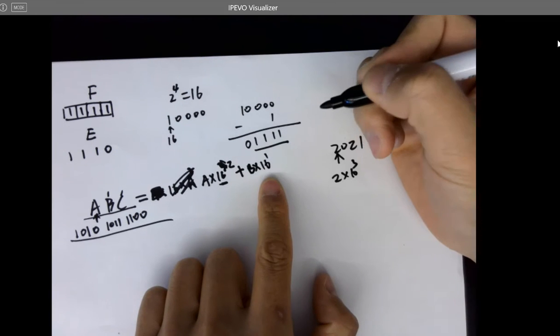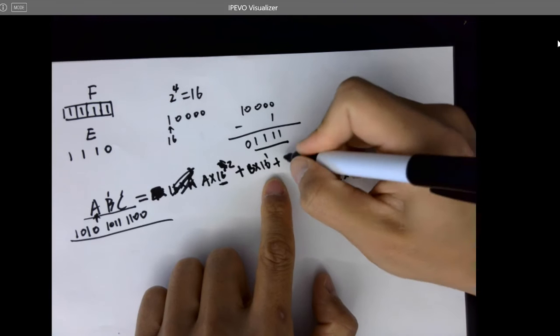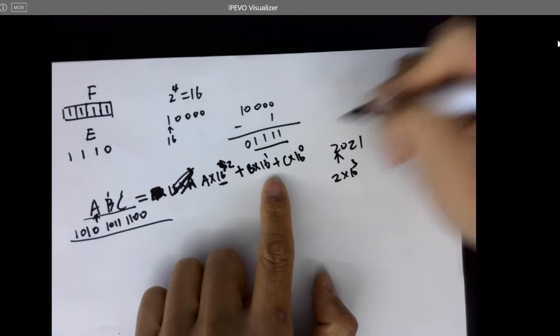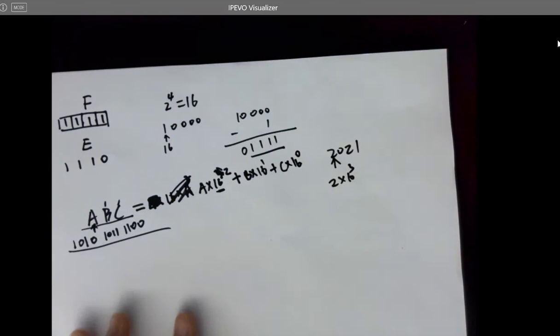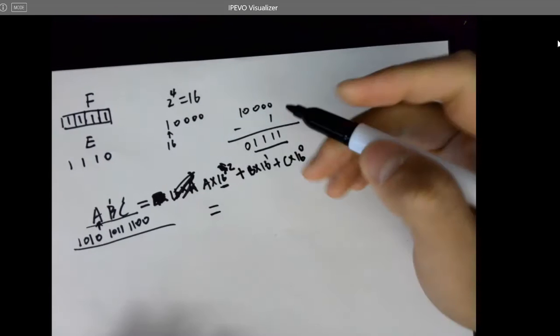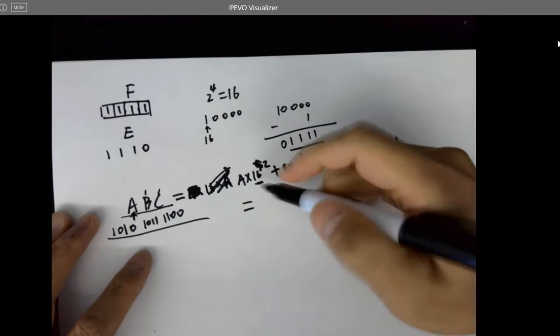B times 16, plus C times 1. So that's the result. Just add it. Let's see what the result is.